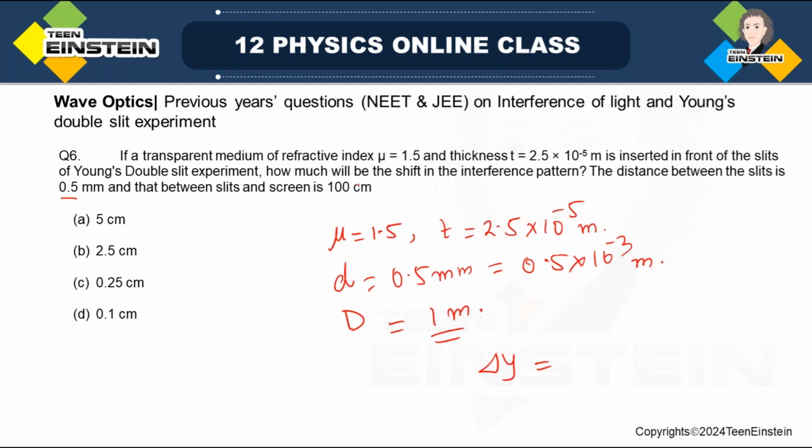For this case, we have seen that the extra path difference will be this one, right? Okay, so these are all fine. You can derive the formula, that is fine, but you should remember this, that this will be given as D by small d, mu minus 1 into t. So this will help you to find out the shift in the interference pattern. Okay, delta y.